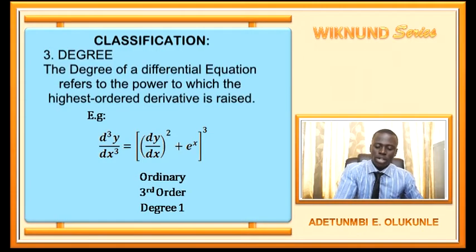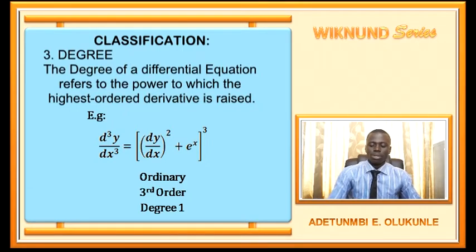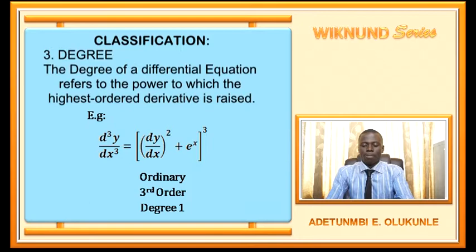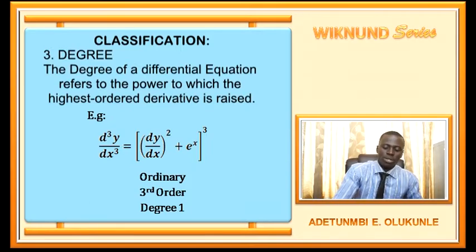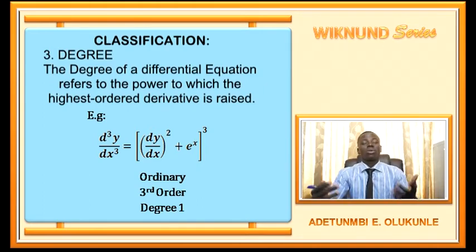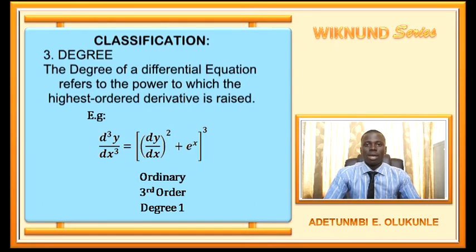Now let's look at another example. Given this differential equation, d3y/dx cubed equals (dy/dx) all squared plus exponential x to the power 3. What is the type? Clearly, the type is ordinary because we have just one dependent variable y and one independent variable x.